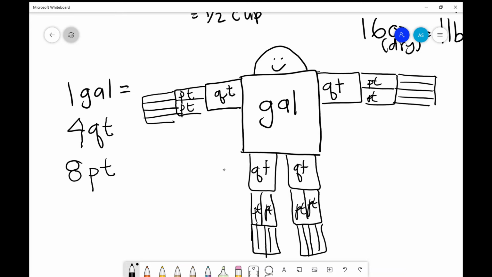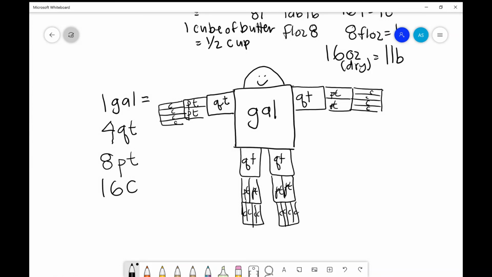That should be the same, so quart is the same as 2 pints, same as 4 cups. We'll write a C on each of those. Okay, so we have 1 gallon is equal to 4 quarts, 8 pints, or 16 cups. And that's what Gallon Man will help us remember.